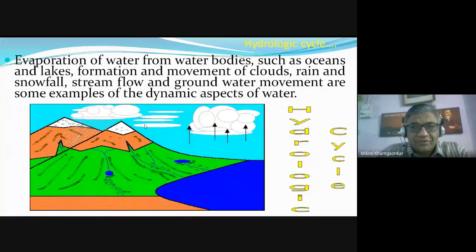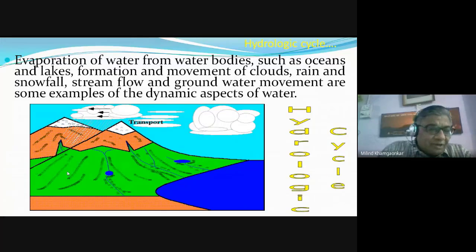So it rains, it precipitates on the earth, and after falling over the earth, the water saturates the soil surface. It fills all the voids of the soil surface, and then some water percolates into the ground, which is called infiltration.